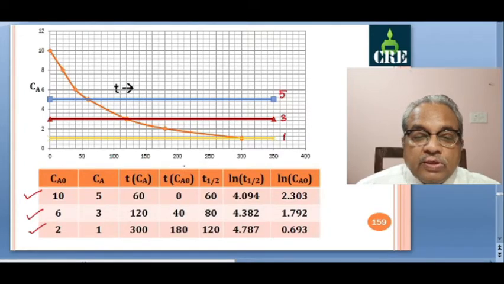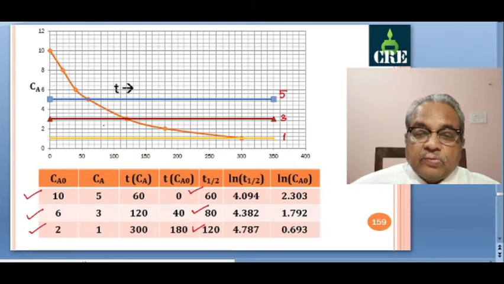Now the t corresponding to CA0 values. When CA0 is equal to 10, t is equal to 0. When CA0 is equal to 6, you can read the time, that is 40. Third value, when CA0 is equal to 2, the corresponding time is 180.